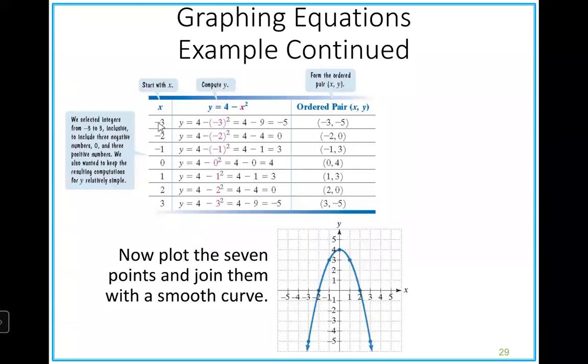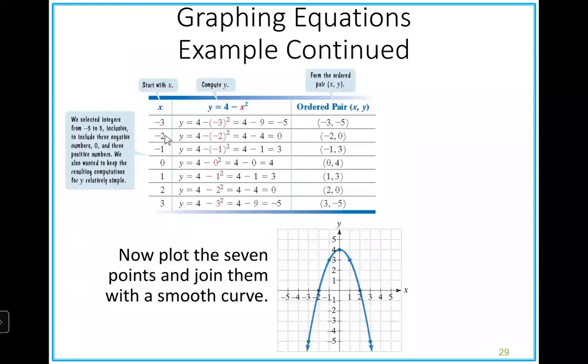So if x is -3, y would be equal to 4 minus (-3) squared. -3 squared is 9. So 4 minus 9 gives you -5. So when x is -3, y would be -5. So this is the point (-3, -5).